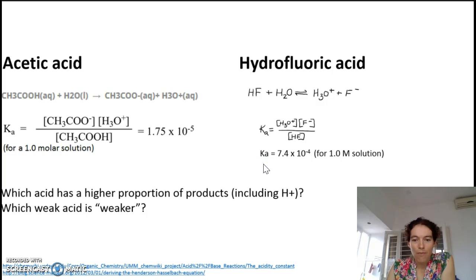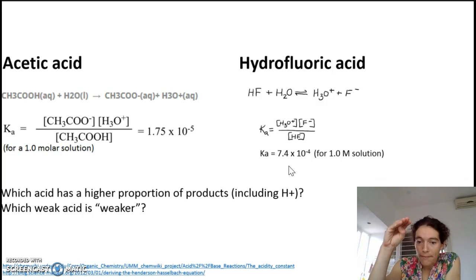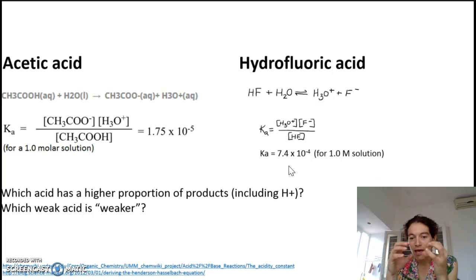What does that tell you about which acid is weaker, as in produces fewer H+ ions? When I look at this, I see that this ratio, still very small, is closer to 1, which means that more of the reactants break apart to form products.